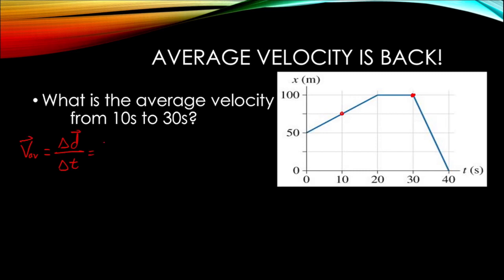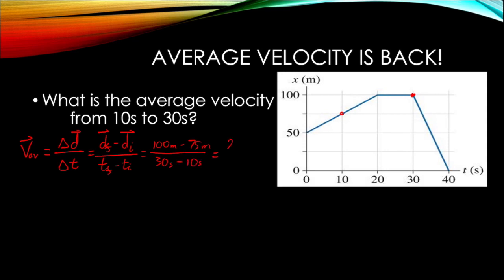Our change in displacement is equal to our final position minus our initial position, and our time interval is our final time minus our initial time. Here, our final position is 100 meters, and our initial position is 75 meters. Our final time is equal to 30 seconds, and our initial time is equal to 10 seconds.